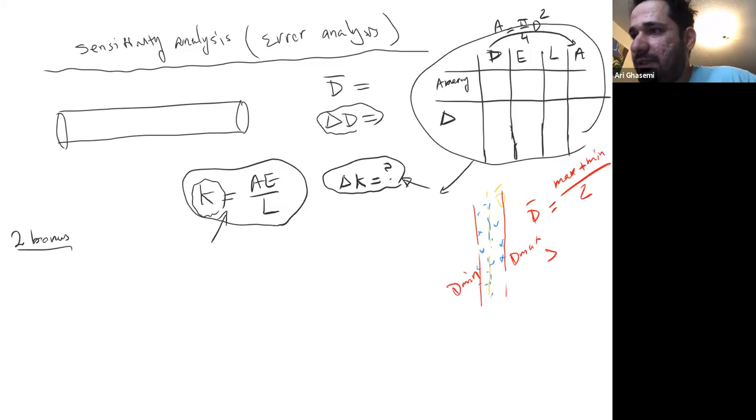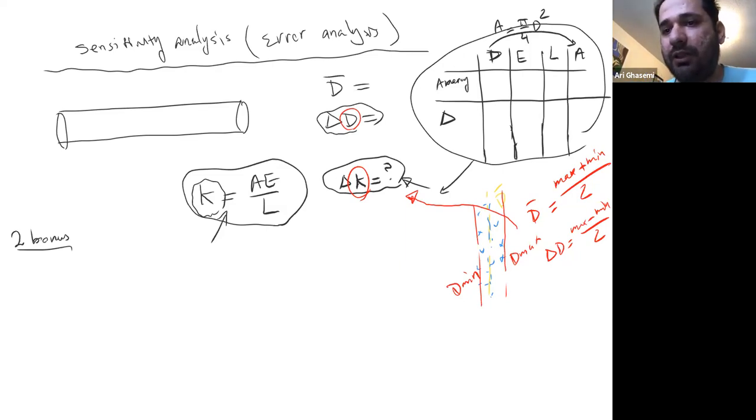And the delta D is equal to max minus min divided by 2, right? So can I apply the same to find delta K? Because you see, we were talking about this being like a dummy variable. It can be D, it can be K, it can be E, it can be L, right? So let's apply this concept to that.